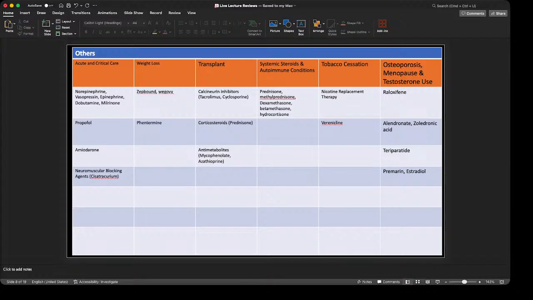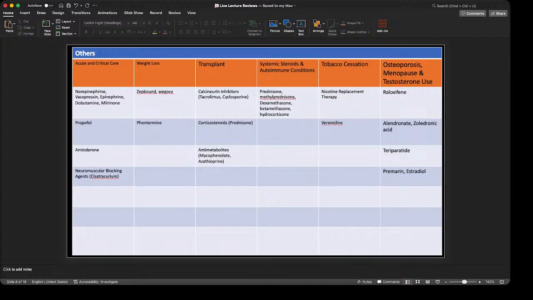I don't know if I talked about this with you all, but prednisone and prednisolone. Understand that prednisolone is the active form, so just know those differences there.